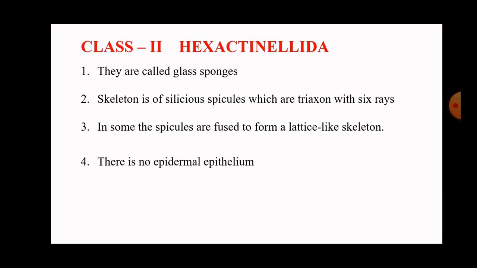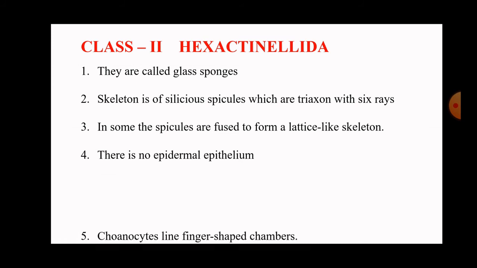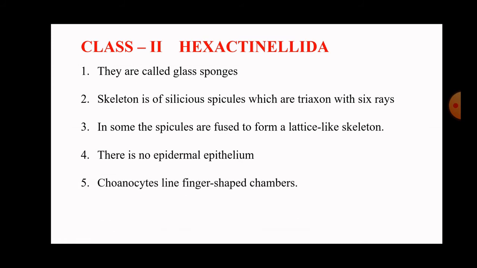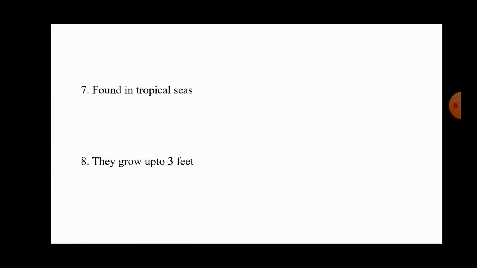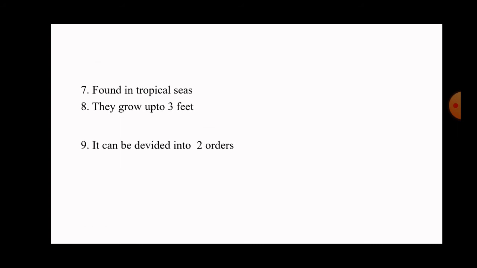There is no epidermal epithelium in these animals, and choanocytes are lined at finger-shaped chambers. And these animals are all cylindrical or funnel-shaped. They can be found in tropical seas, and they grow up to 3 feet in height.